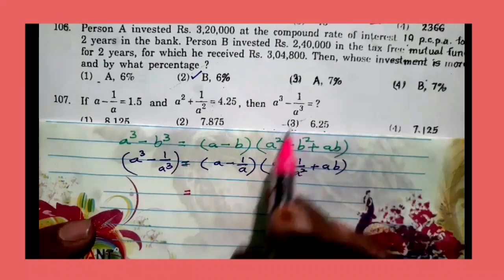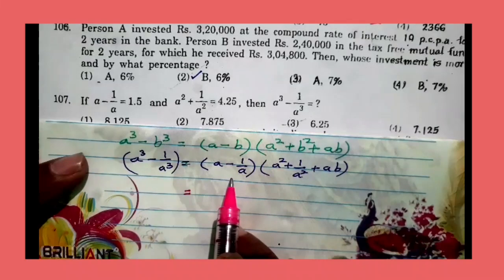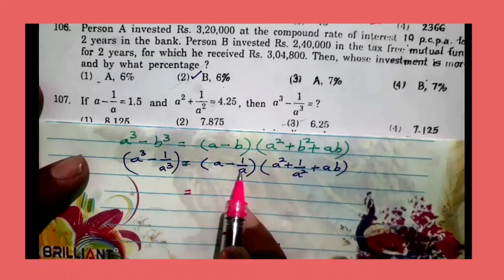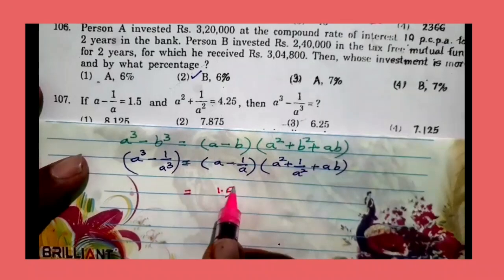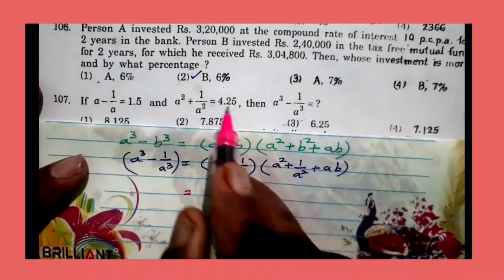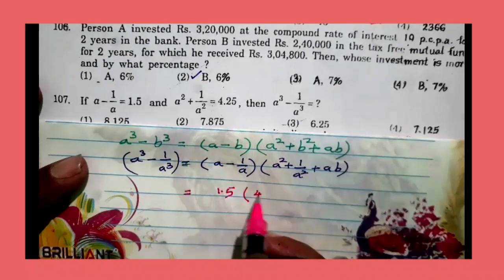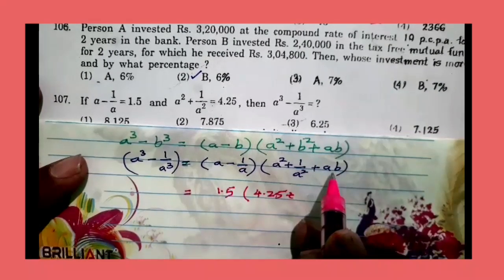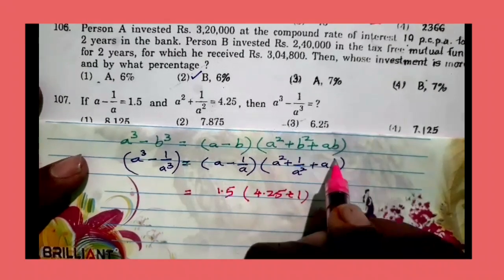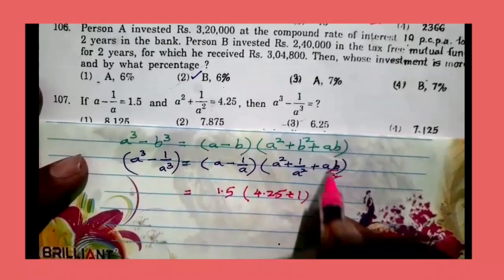Find this value, put the value in the formula. This value is 1.5. This value is 4.25 plus 1. That is 1 upon A. A is cancelled.